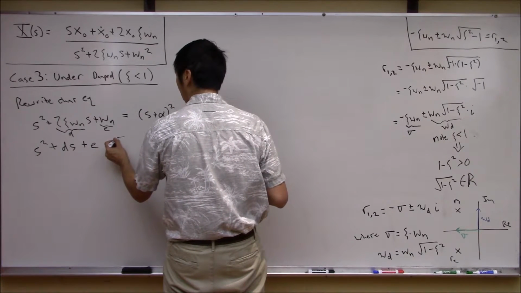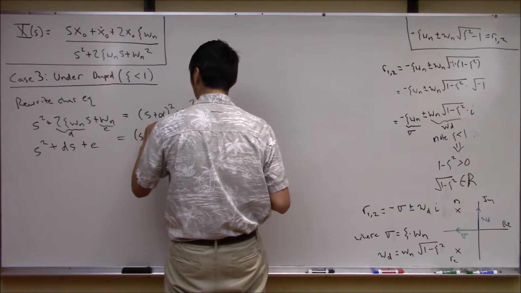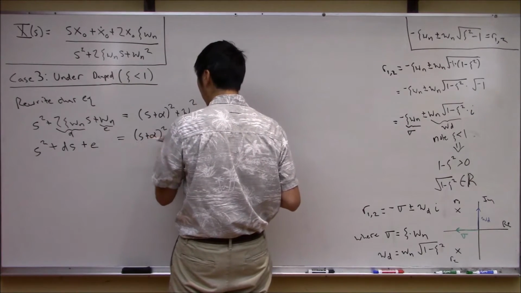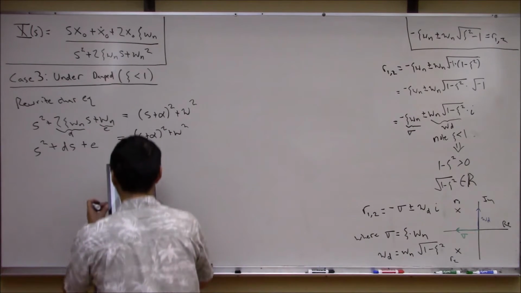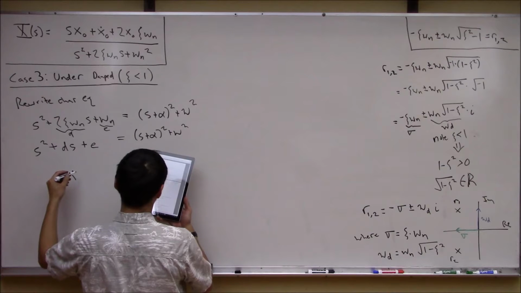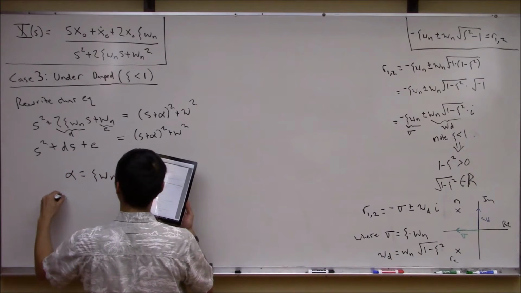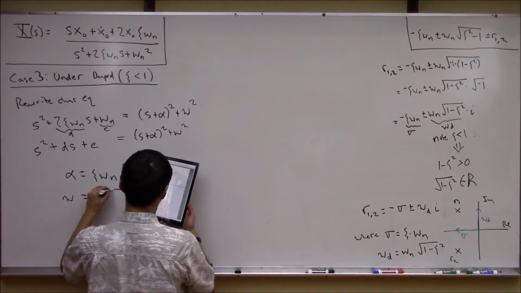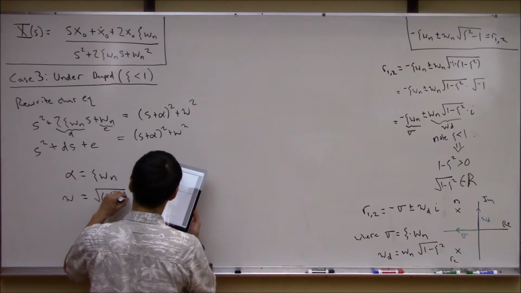Now if we equate this to (s plus alpha) squared plus omega squared, you can find alpha and omega in terms of zeta and omega n. What we end up with is alpha equals zeta times omega n, and the omega term in our completing the squares is the square root of 1 minus zeta squared, times omega n.